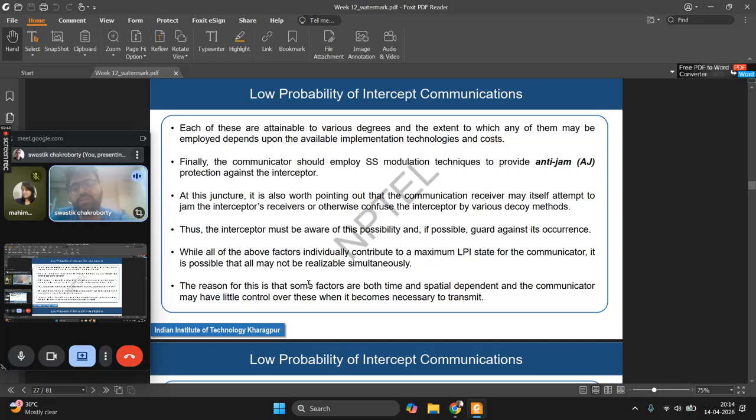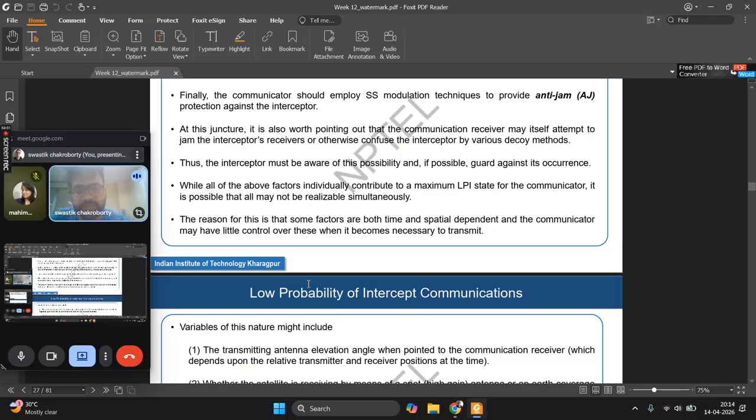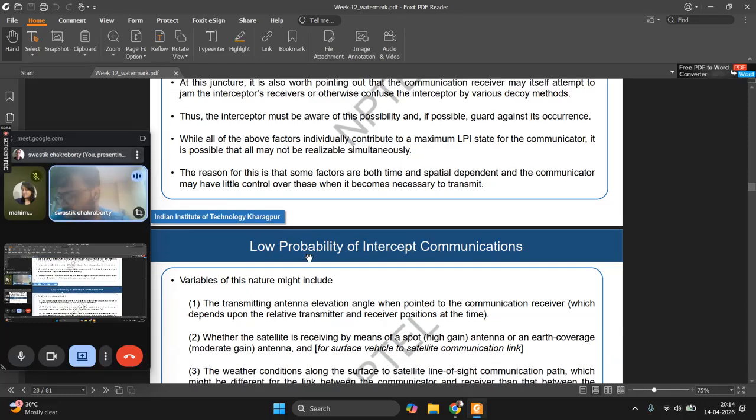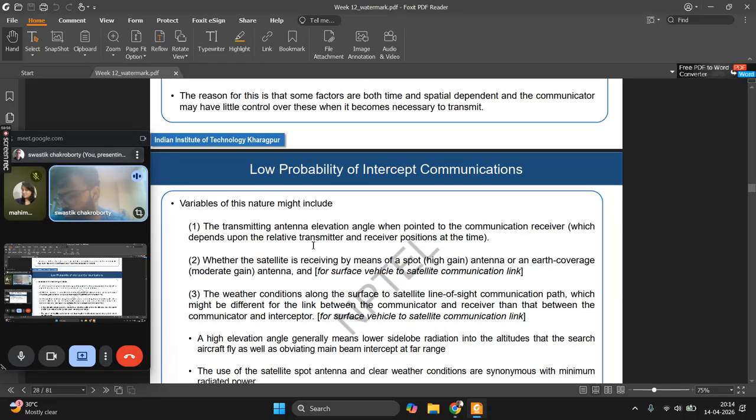The reason for this is that some factors are both time and spatial dependent, and the communicator may have little control over these when it is necessary to transmit.